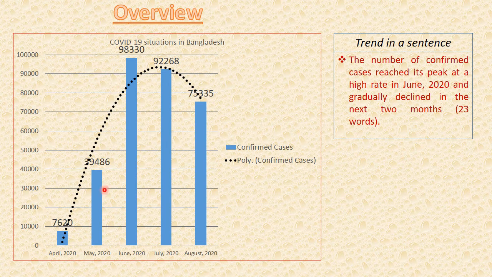This means we find a high rate of growth, and after the peak we find the line slopes slowly or gradually. This means we find a slow decline of the number of confirmed cases. So we can write the overview in this way. The number of confirmed cases reached its peak at a high rate in June 2020 and gradually declined in the next 2 months.